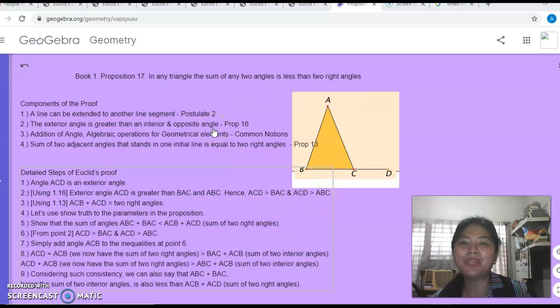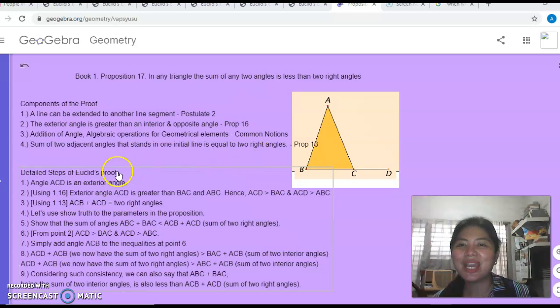Then moving along, we have another component here, the addition of angles. If we use algebraic expressions for geometrical elements, we are actually making use of the common notions. At the time of Euclid, they didn't have algebra. They had common notions.